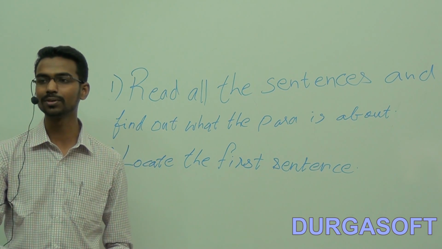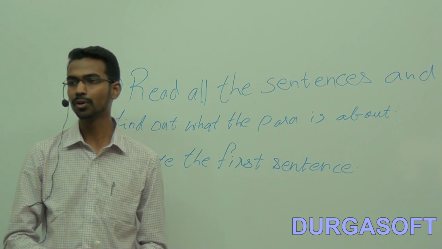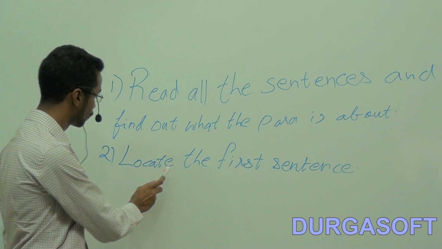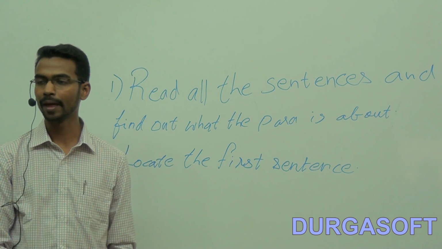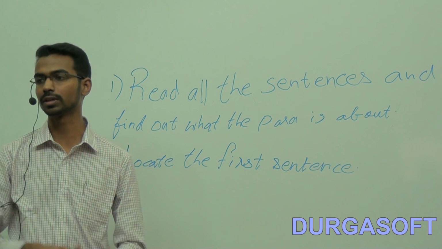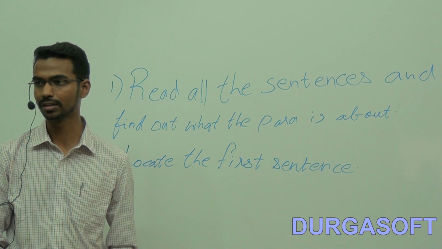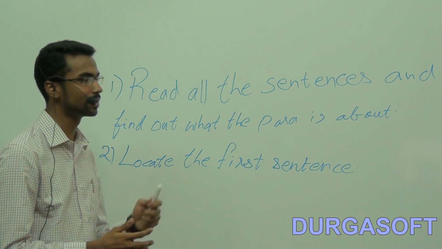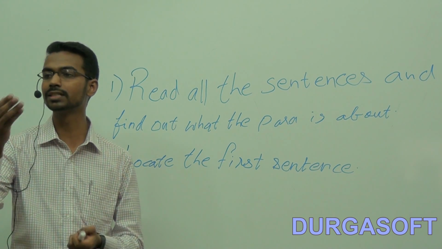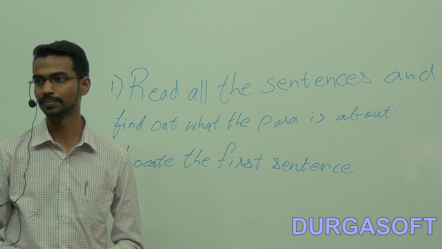Some people may find out which is the middle sentence. But according to me, the safest method is you first locate the first sentence, find out which is the first sentence, and automatically you will find out all the other sentences. Okay? So this is what you have to do. Locate the first sentence and then discover the chronological order. Okay?